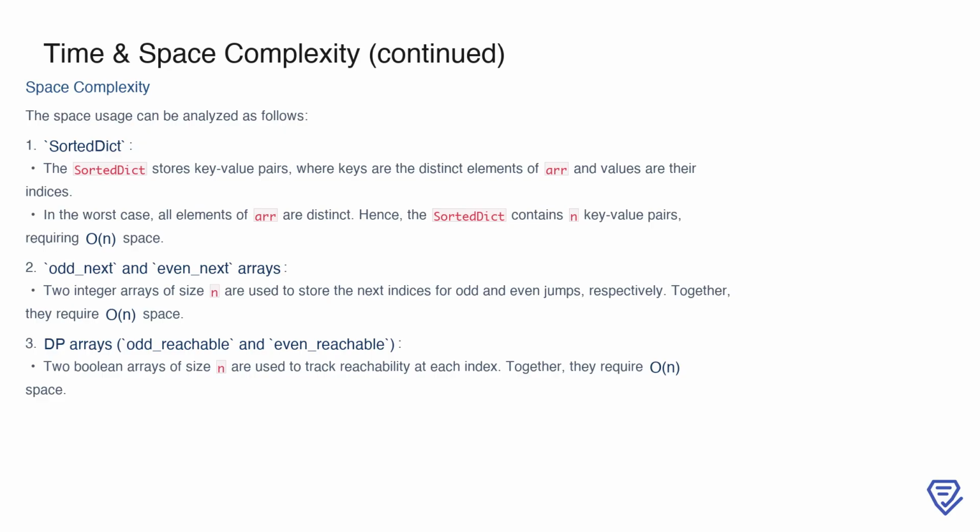Next, the odd_next and even_next arrays are each of size n, and together they also require n space. Additionally, the DP arrays odd_reachable and even_reachable are Boolean arrays of size n, used to track reachability status for each index. These arrays also require n space in total. Thus, these primary components contribute n space usage collectively.